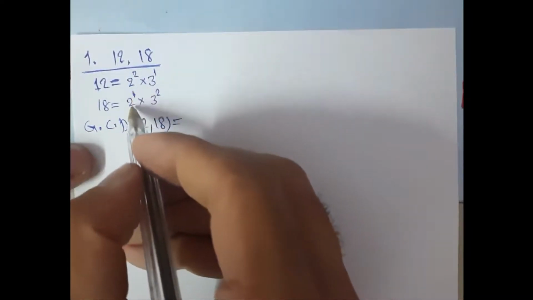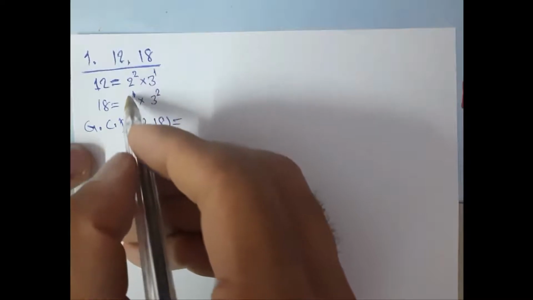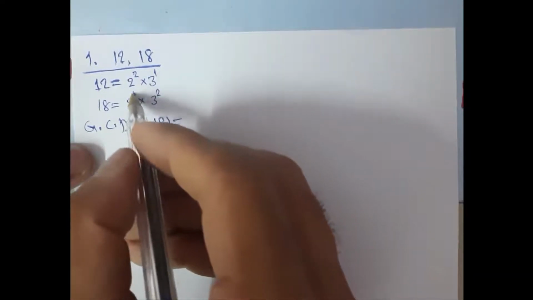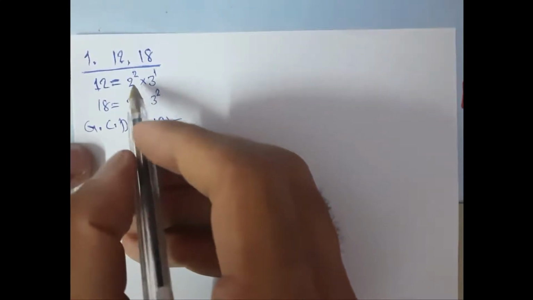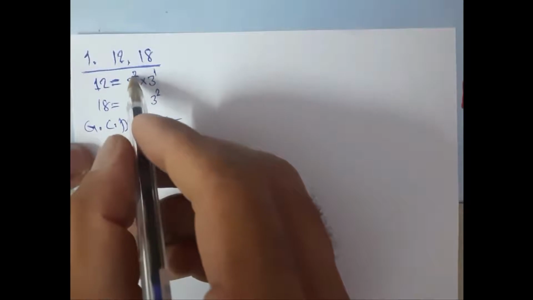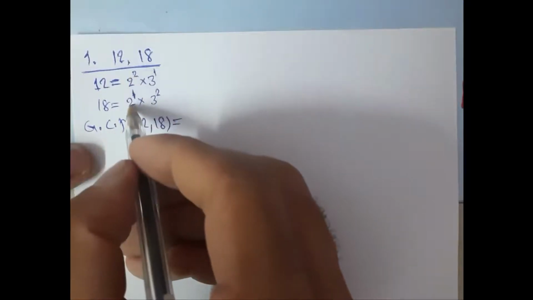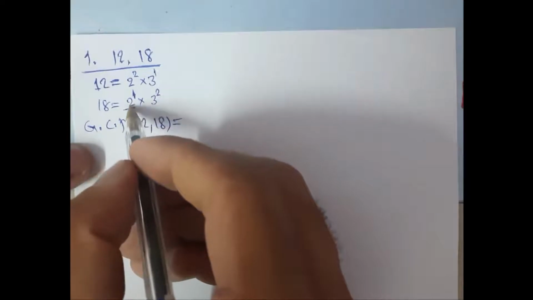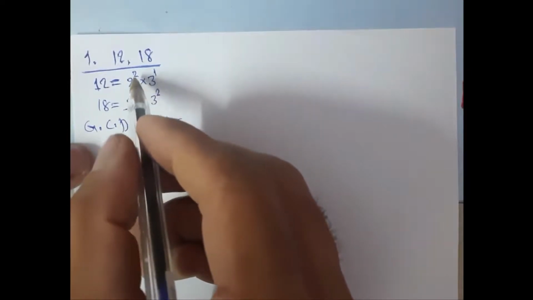Which one should we take? Those numbers which are joined in both prime factorizations. So we take the number which has the least exponent. Here we have 2 power 2 and here 2 power 1. We should take 2 power 1 because 1 is less than 2.